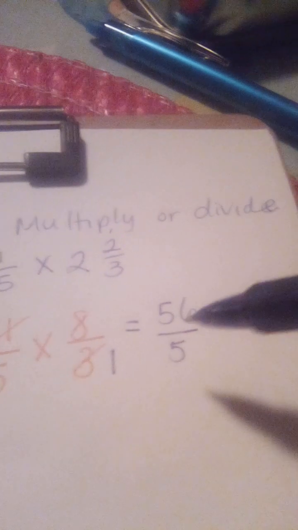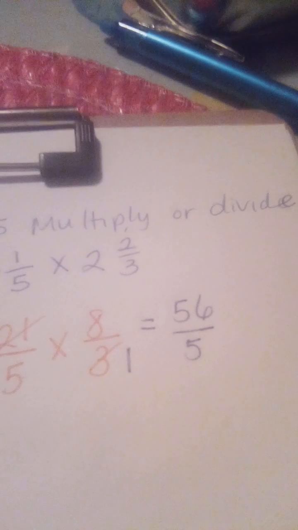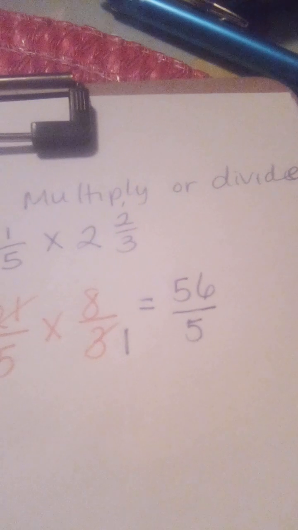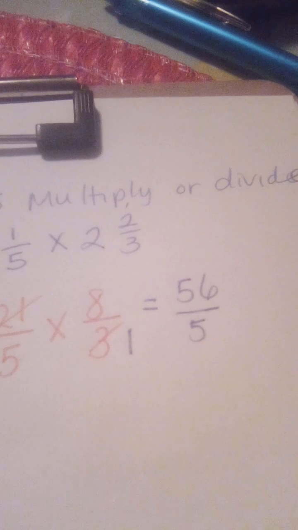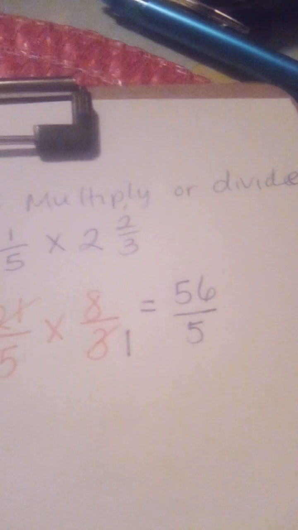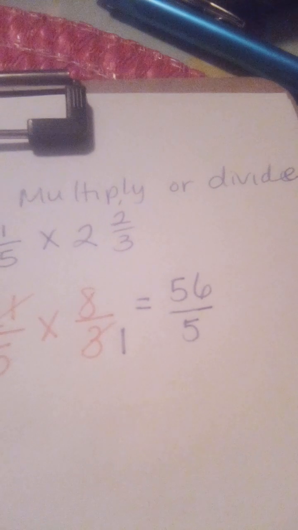However, we can leave this as an improper fraction. It depends on what the teacher wants, either to leave it as an improper fraction or a mixed number. Let's try the mixed number just to give you a heads up on it. Question: what goes inside the box?